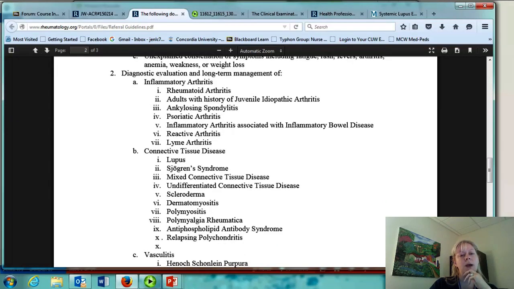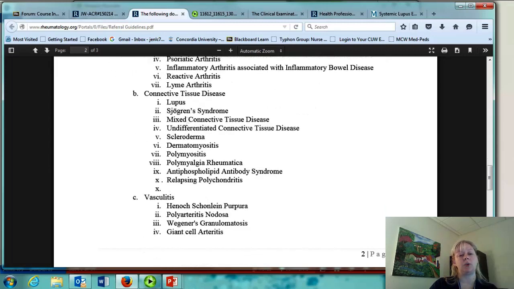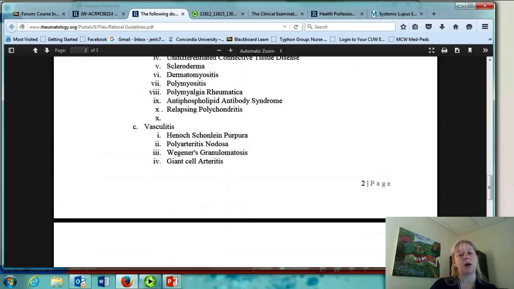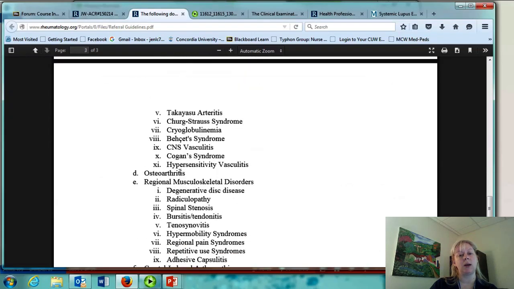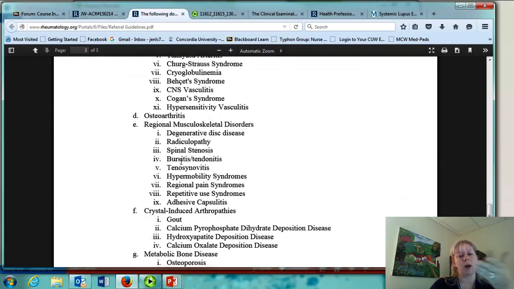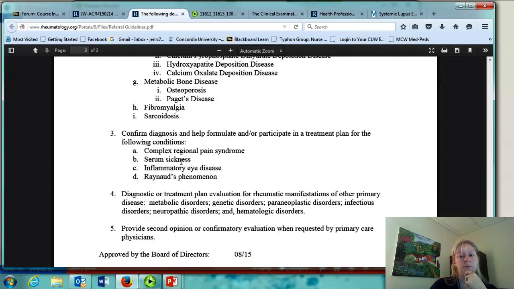As far as diagnostic evaluation, you can definitely get a basic workup and even start a more extensive workup based on your comfort level, and you can collaborate with your rheumatologist. Connective tissue disease, vasculitis, so this is everything that they treat. It's kind of nice to see everything right here.